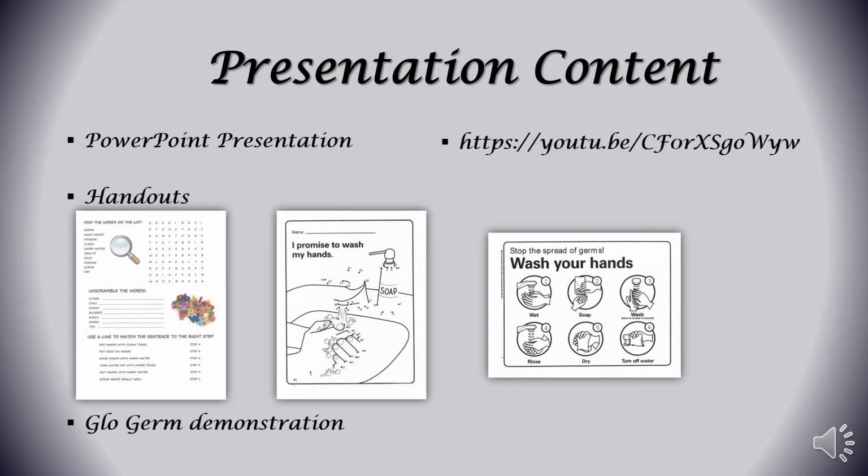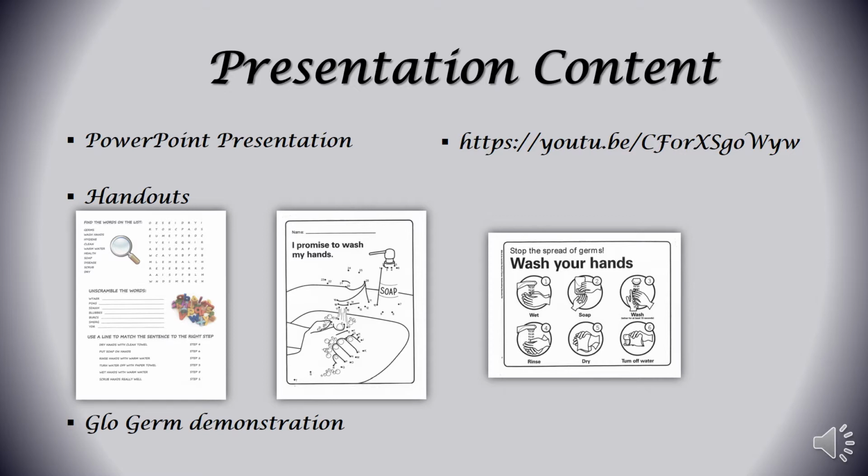After the PowerPoint presentation, I did the glow germ demonstration, and I randomly chose 3 students. Basically, we just took the glow germ gel and put it on their hands, had them really get it good and dry on their hands. We looked at their hands under the black light, which simulated the germs on their hands, and then we all went through the hand washing steps.